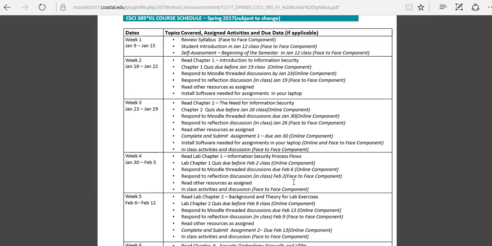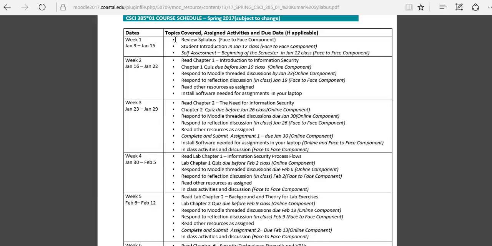So the weekly calendar is as follows. In the first week you will review the syllabus, provide the introduction posts, and a self-assessment of how prepared you are on these course objectives.